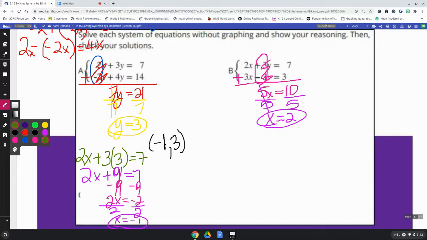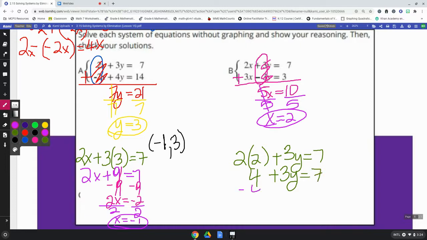If x is 2, go ahead and substitute into either equation. So that gives you 4 plus 3y equals 7. Minus 4 from both sides, so 3y equals 3.